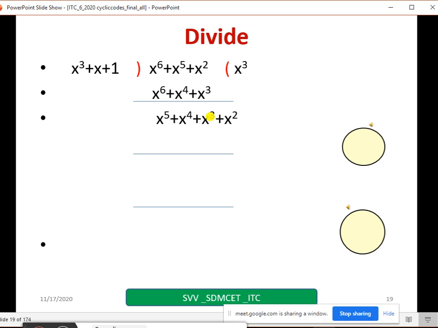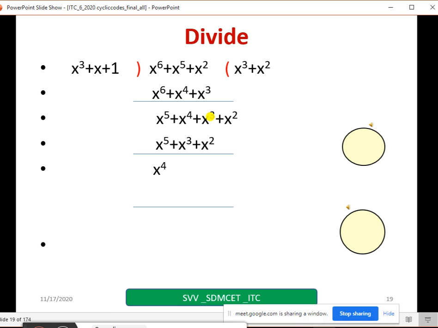Now I have to take x cube into something so that it should become x5. Something, what should it be? x square, so that it will become x5. When I multiply, I will get x5 plus x cube plus x square. Now continue, x5 gets cancelled, whether add or subtract, both are the same. Then I will get x4. Then I want a multiplication. What multiplication do I want?